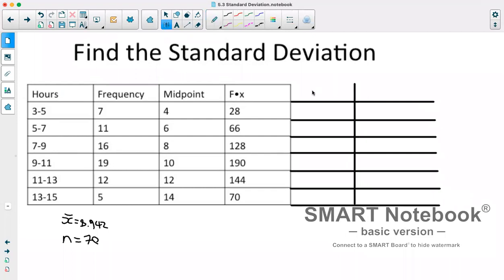So in this column, we will do our x minus our mean squared. So our midpoint for this one was 4. So this one we would essentially have 8.942 minus 4 squared.